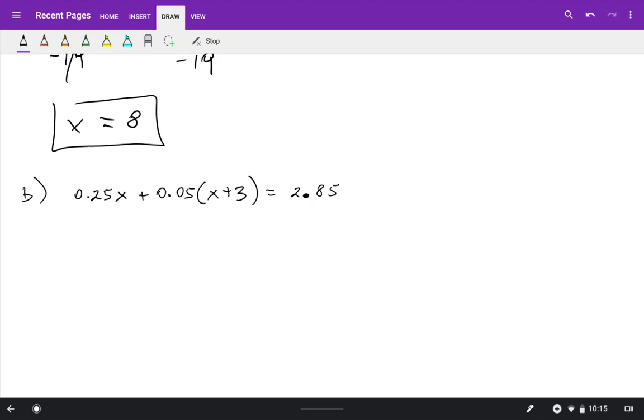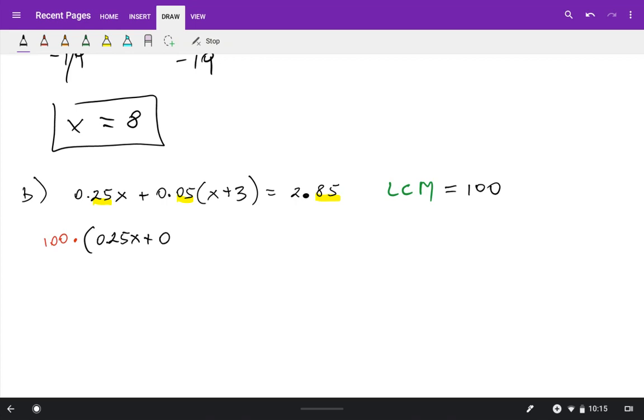Okay, so first we need to find the LCM, and with decimals it's easy. Here we have two numbers after the decimal, two numbers after the decimal, two numbers after the decimal, so of course the LCM will be 100. So we're going to multiply both sides of the equation by 100.